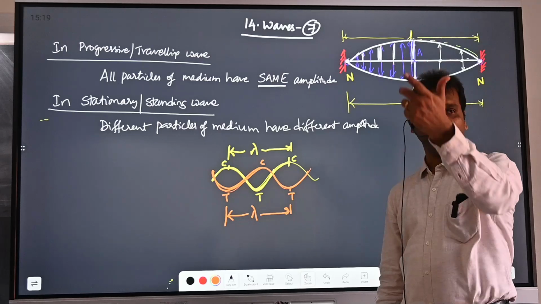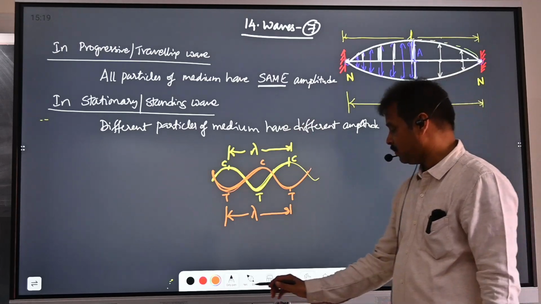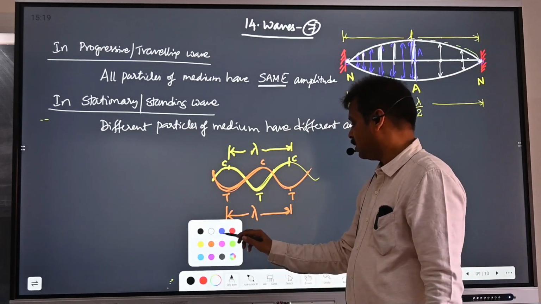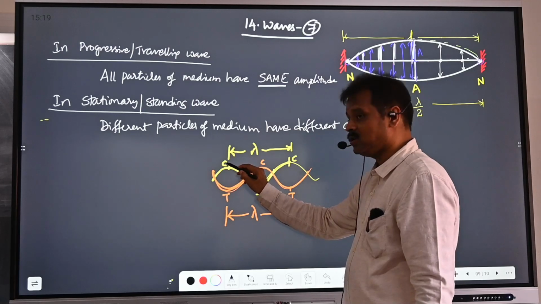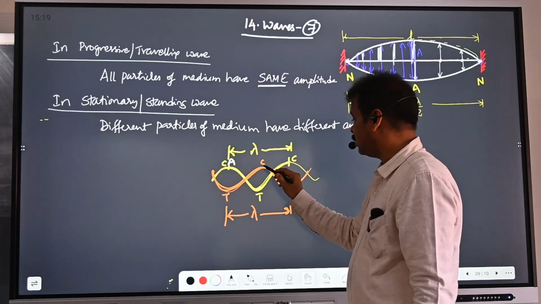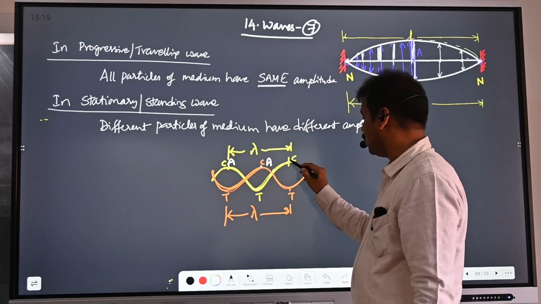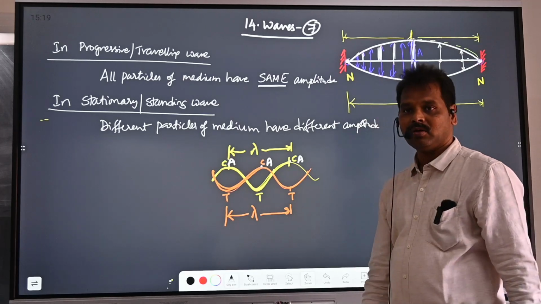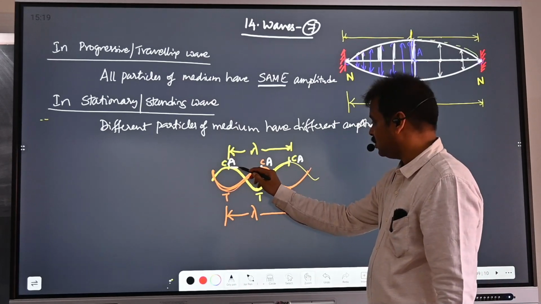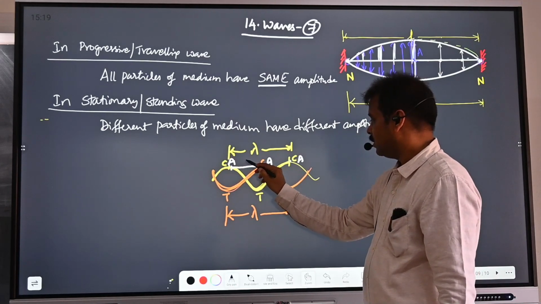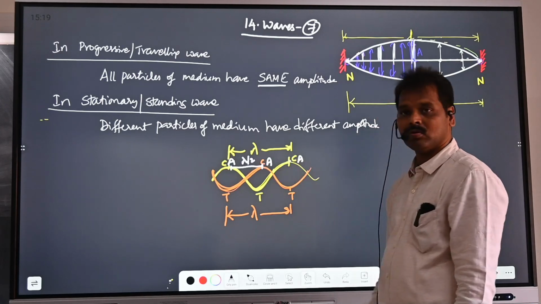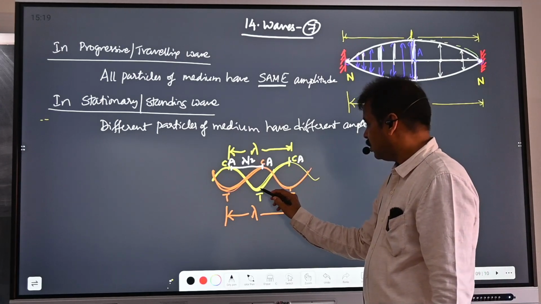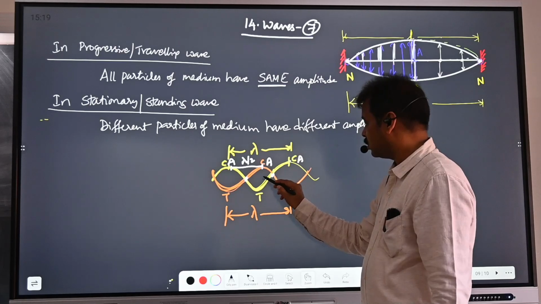For individual waves, when these two combine, we call this an antinode, and this an antinode. So what is the distance between antinode to antinode? Is it lambda by 2? What is the distance between node to node?